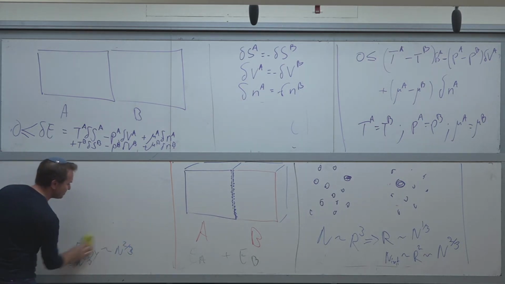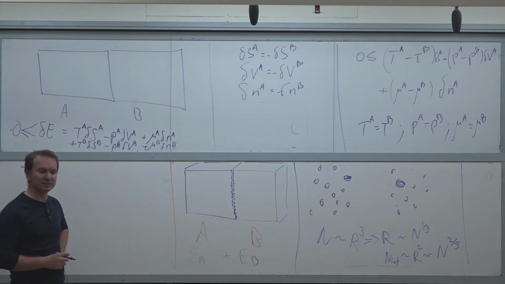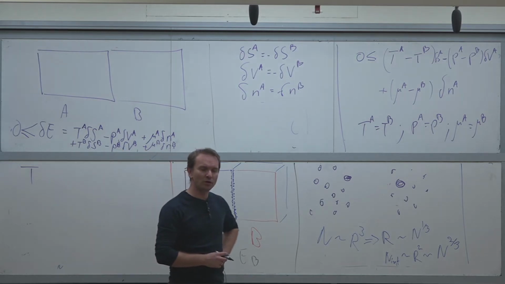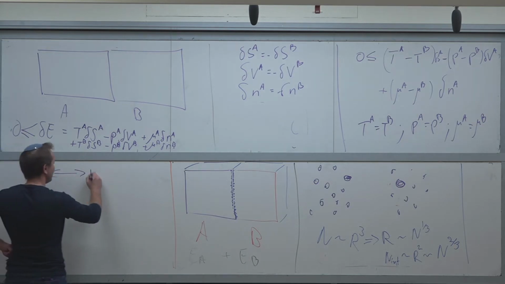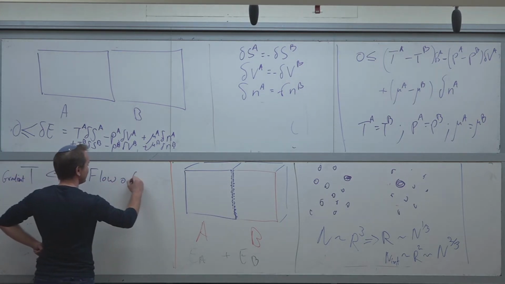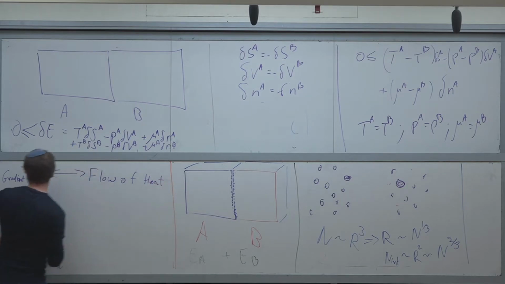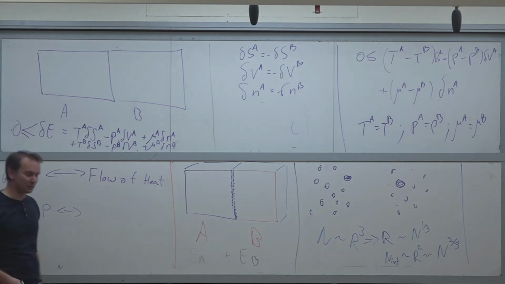Now, what do I mean by macroscopic flows? Constant T between the two systems means what? We have already seen that there is no flow of heat. A gradient in T gives a flow of heat. A gradient in P, what does a gradient in pressure impose?